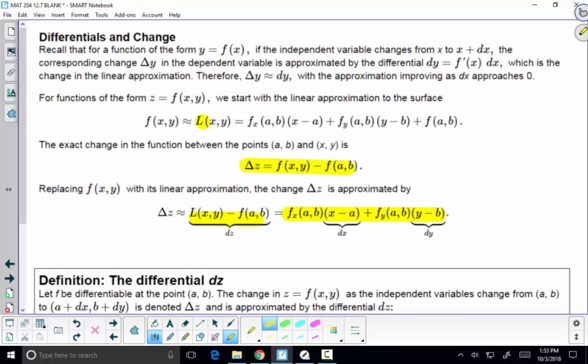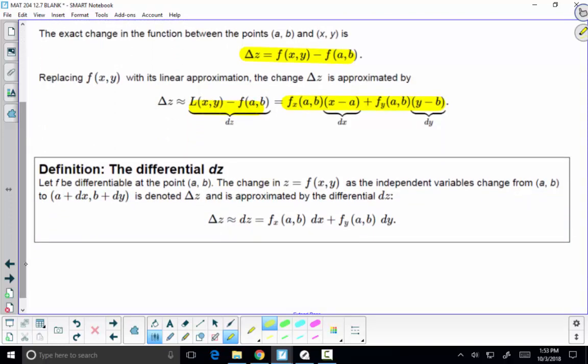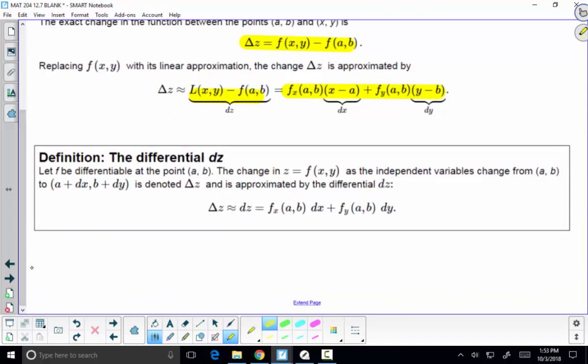It's just the differential part. The differential in z is f sub x dx plus f sub y dy. You can think of that as a dot product. It's really the gradient dotted with a vector differential, dx comma dy.